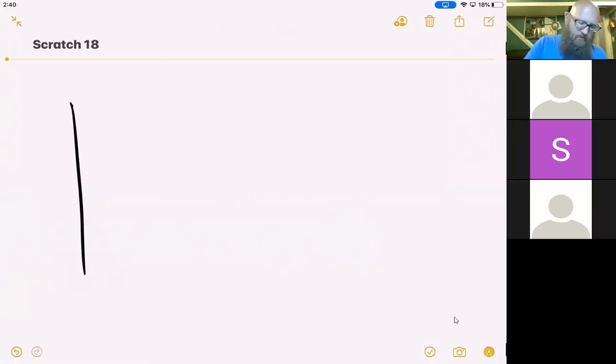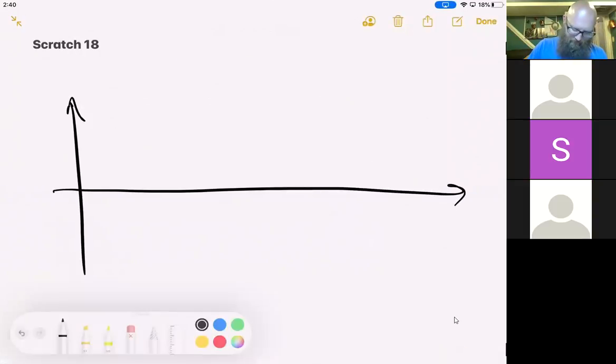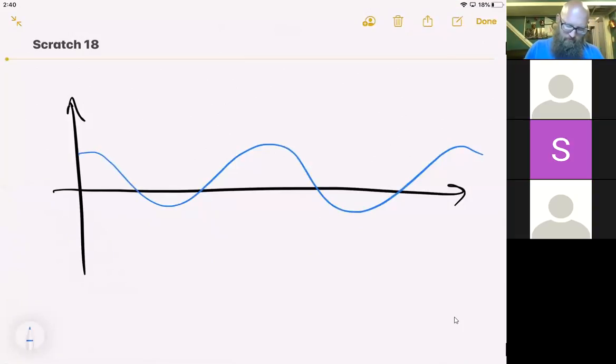So you're going to see a plot that looks kind of like this, for, let's say, acceleration versus time. It would also be the same thing for force versus time. I think it'll be inverted, but it doesn't matter.